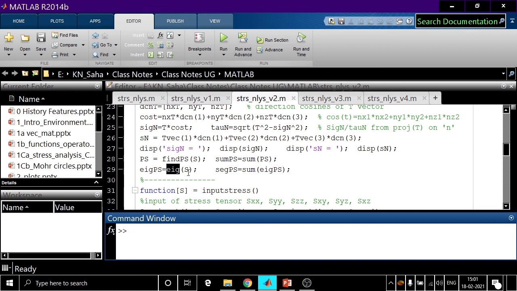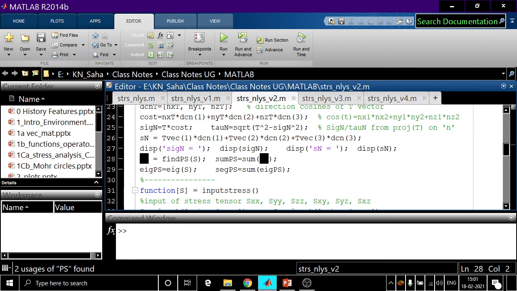So these three eigenvalues are again stored here in principal stress from eigenvalue analysis. So this is PS, from the analytical calculation. This is directly the eigenvalue analysis calculated by the inbuilt function EIG.